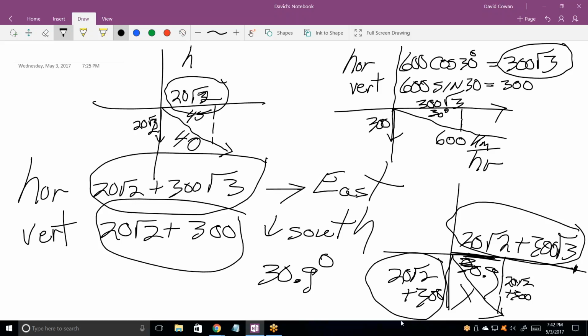Yeah, it's a little jumbled. Whereas the sine, that's probably easy to do. In other words, take the sine of 30.9 and it's equal to 20 root 2 plus 300 over x, and solve for x. Right. Alright, I got 638.7.